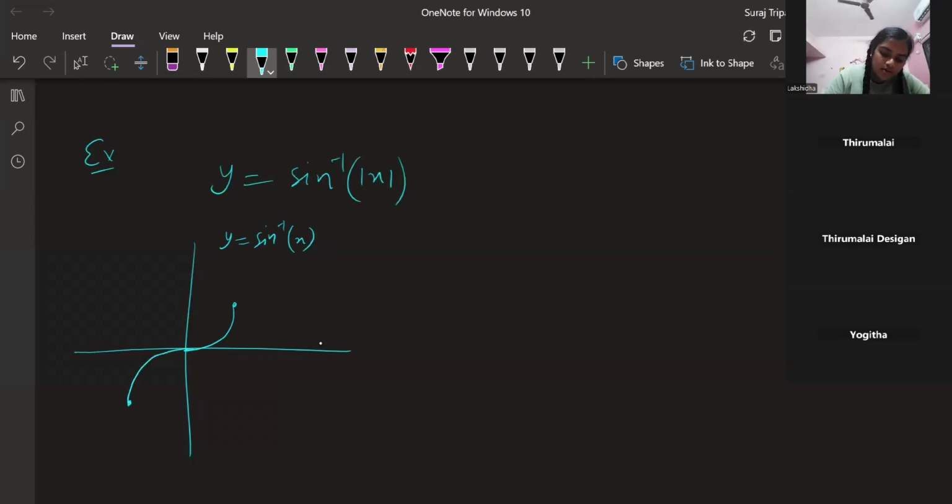This is the graph of y equals to sine inverse x. This is 1, this is minus 1. Here pi by 2, here minus pi by 2. Right? So we have to draw the graph of y equals to sine inverse of mod x. So again, it will be like this.